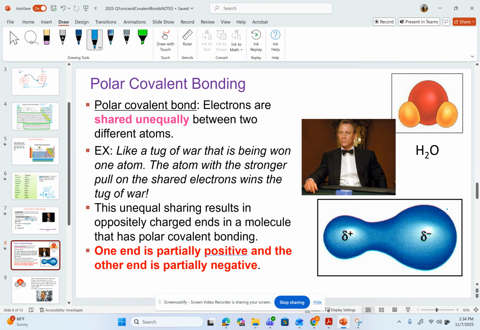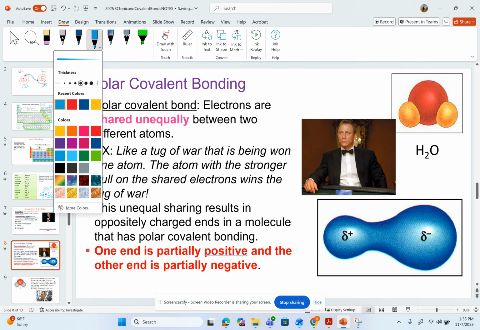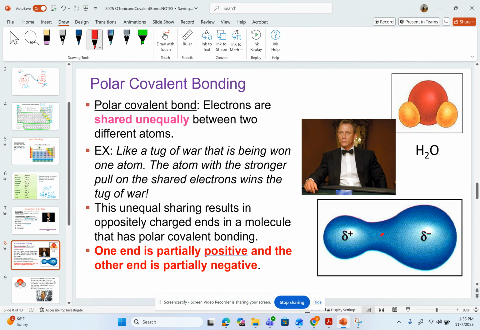So this kind of shows an electron cloud density between two atoms. Let's say we have our shared pair of electrons. These two electrons would spend some time around this electron cloud, and they're also going to spend some time around this electron cloud.